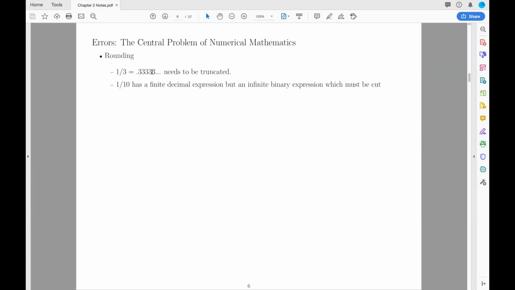So even if you're doing decimal arithmetic, as we generally do in our life, you still have to do round off because decimal arithmetic would require an infinite number of digits. Now, in decimal arithmetic, 1/10 is easy. It's 0.1. Okay, that's easy. However, in binary arithmetic, 1/10 is an infinite sequence of zeros and ones, which of course has to be cut off somewhere. So there's always the problem of round off error.